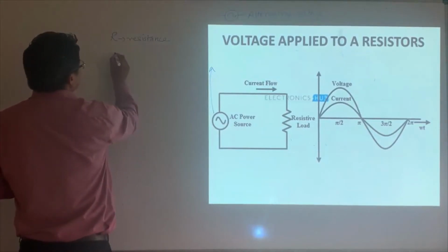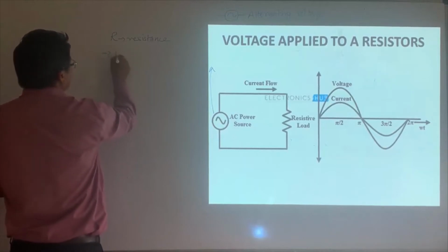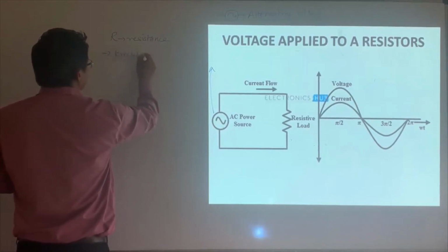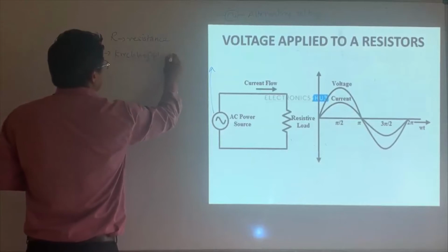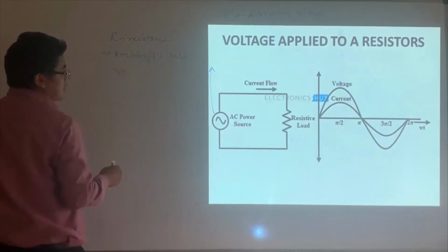Now applying Kirchhoff's rules, V is equal to IR.